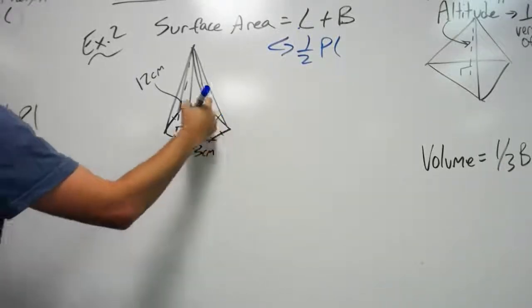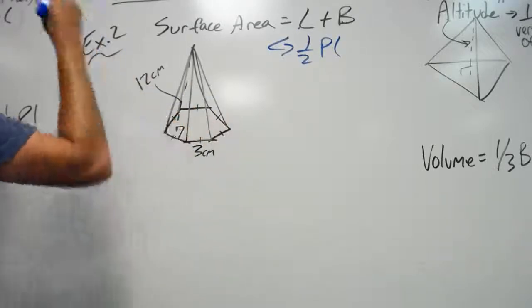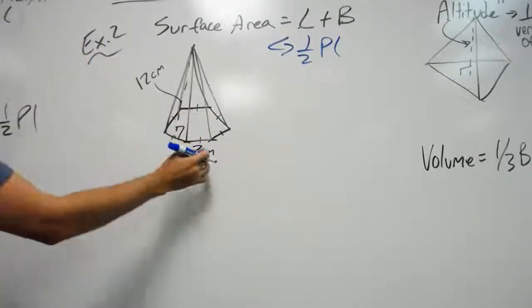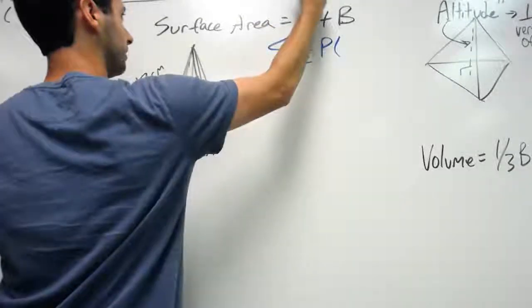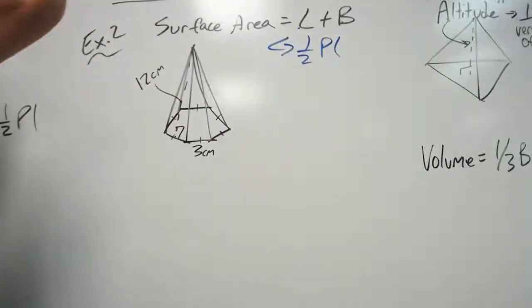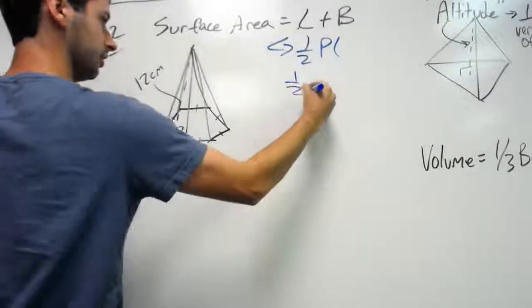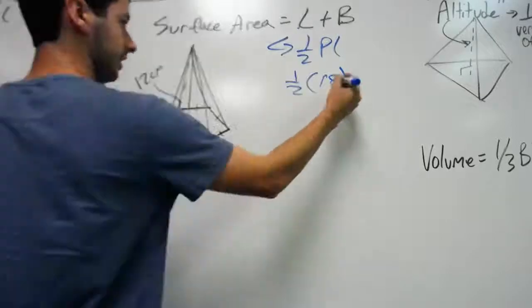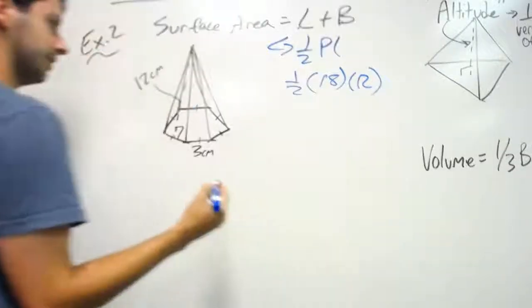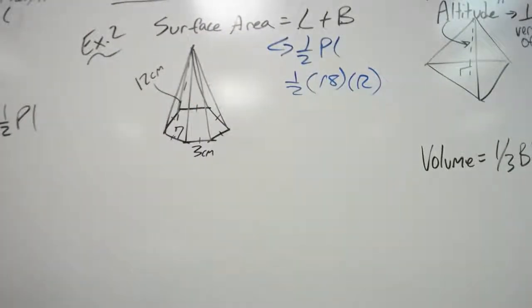It's got 1, 2, 3, 4, 5, 6 sides, and the side length is 3. So our perimeter equals 18. Plug that in, 1/2 of 18, and it gives us our slant height again, which is 12.